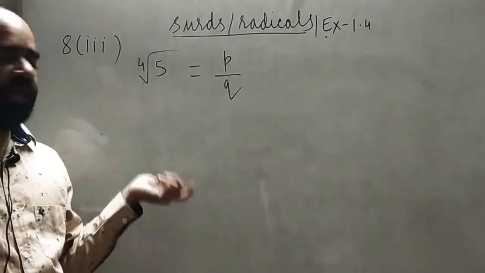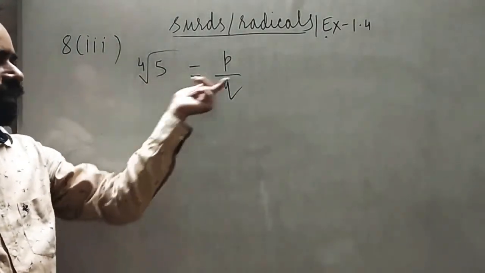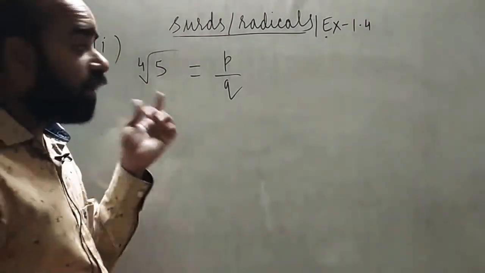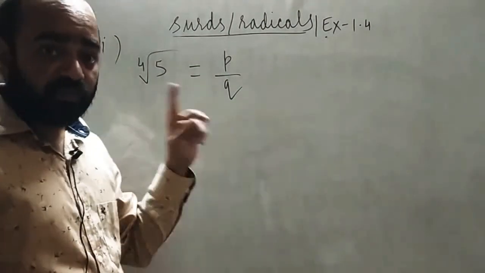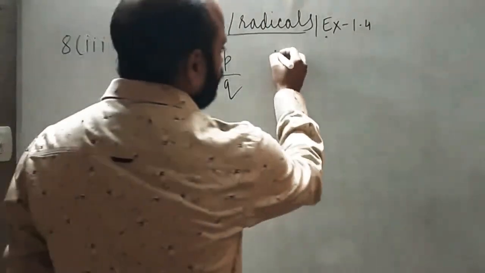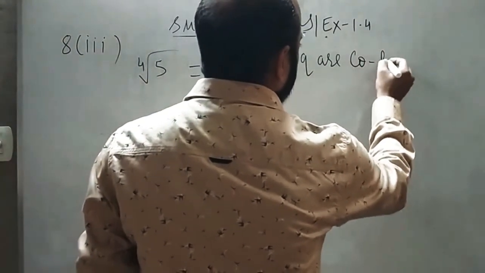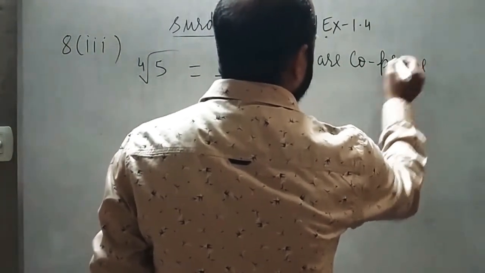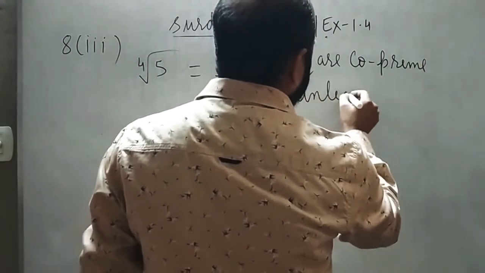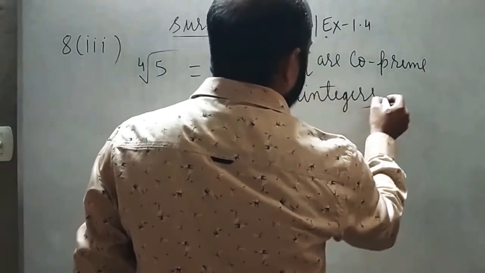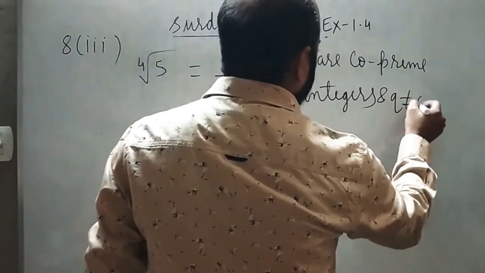We have supposed that this number is rational, so this can be written as p by q, where p and q are co-prime integers and q is not equal to 0.